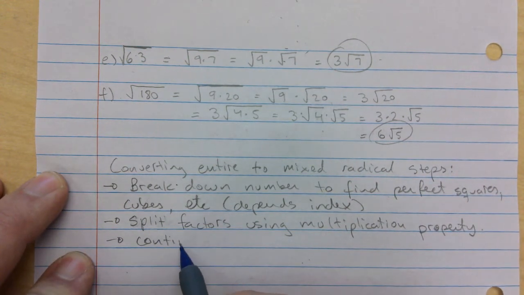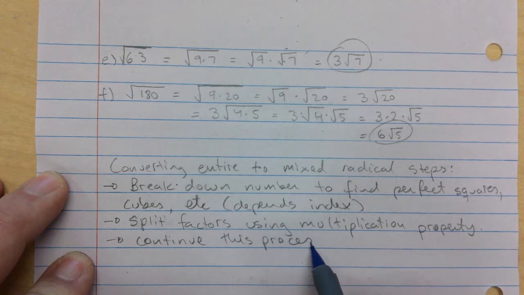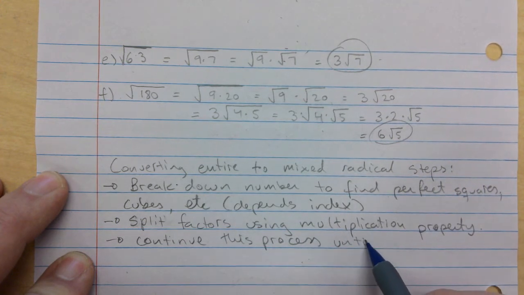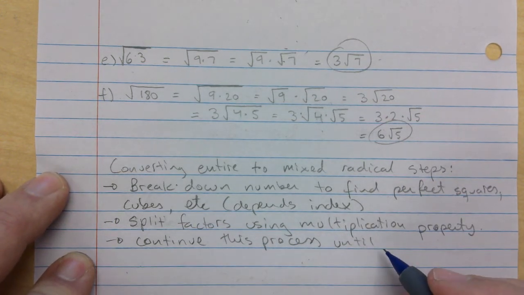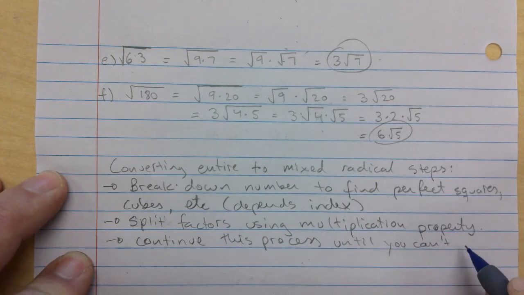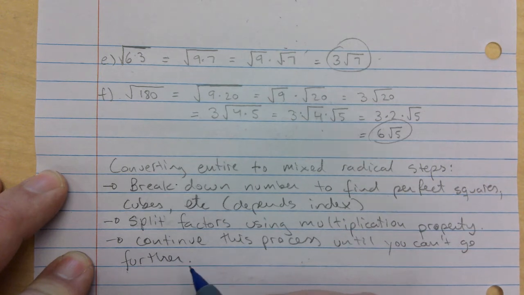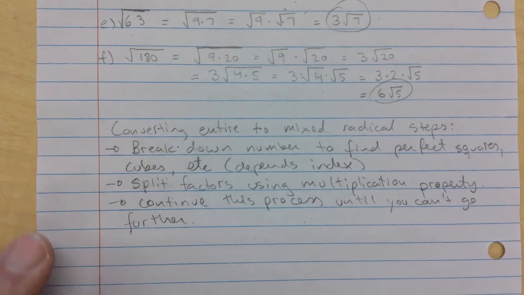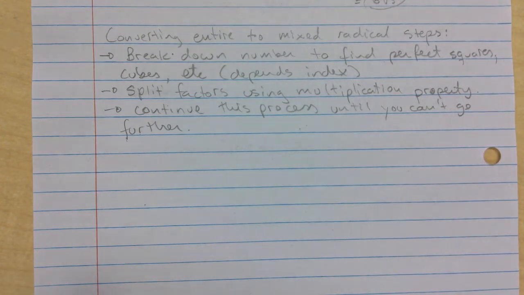Continue this process until you can't anymore, right? Until you can't go any further. Basically, that's what I would say there in terms of steps if you're reviewing this down the road, right?